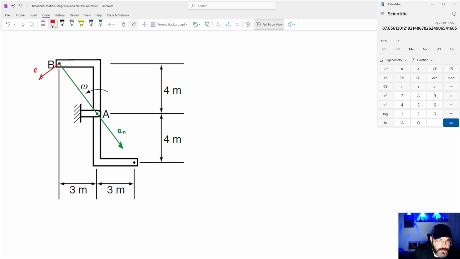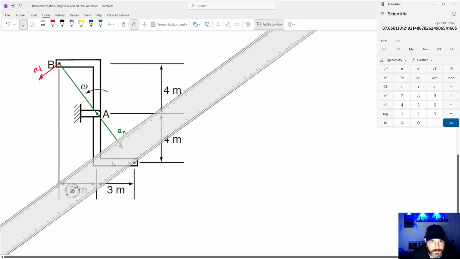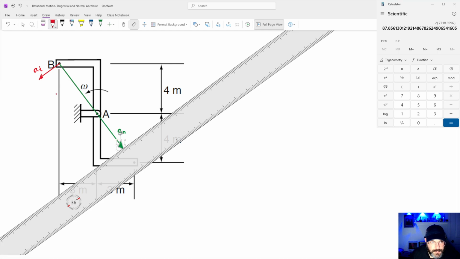So this is tangential, and it is aligned, right? So it is aligned with the angular velocity because we are accelerating. And so somewhere here, right? So somewhere here.